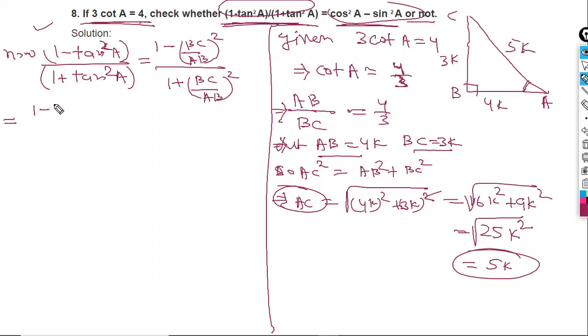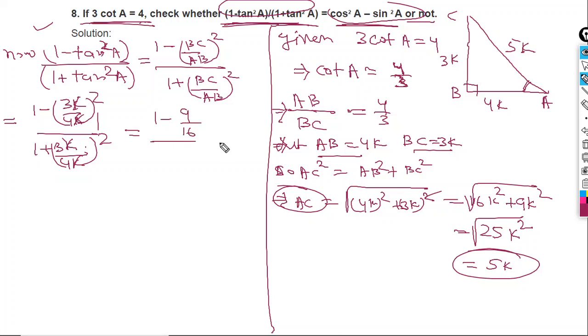Look at the figure, BC is 3K and AB is your 4K. So 1 minus (3K by 4K) whole square, divided by 1 plus (3K by 4K) whole square. Now cancel the K's inside the bracket. Now it will be equal to 1 minus 3 square by 4 square, that means 1 minus 9 by 16, divided by 1 plus 9 by 16.